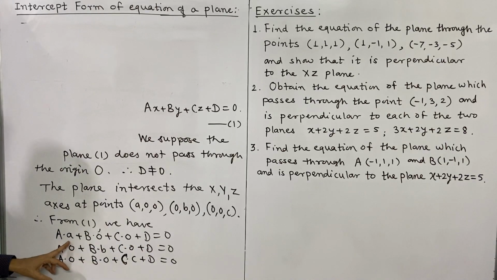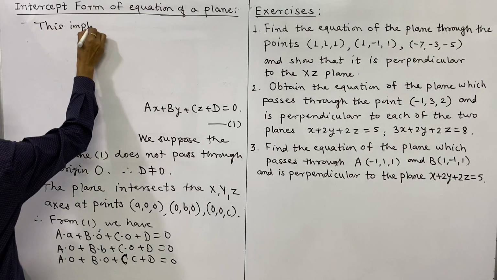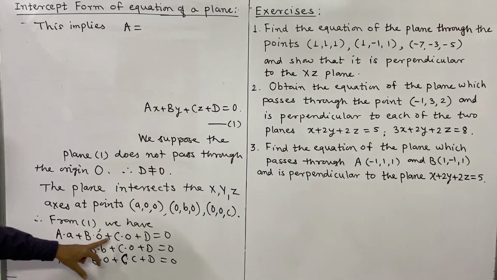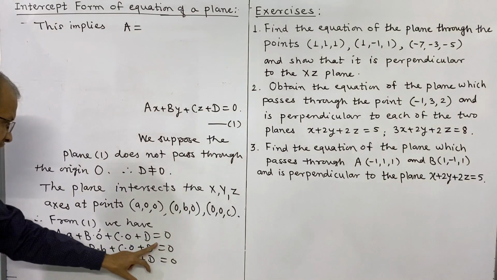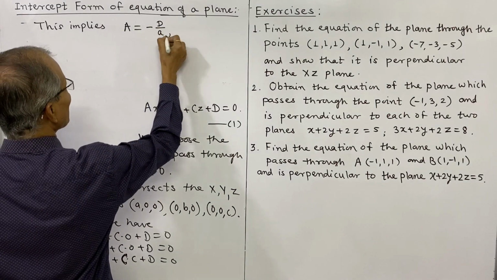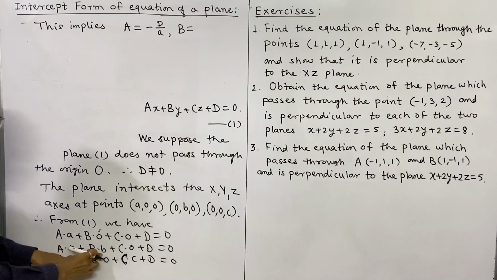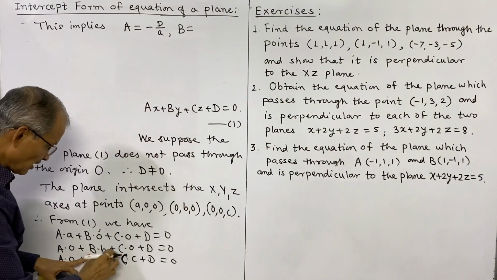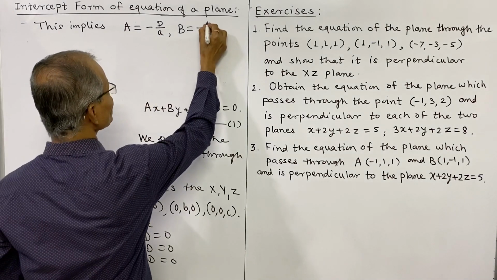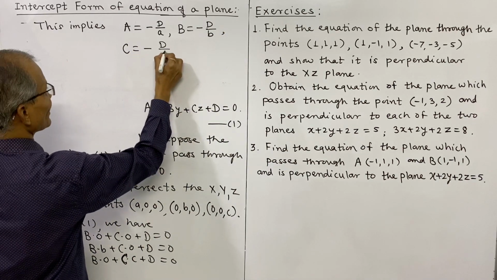From that we can find the value of capital A. This implies capital A is equal to, this d is to be transferred to the right side, that is negative d divided by small a. Similarly, capital B into small b plus d is equal to 0 means capital B will be minus d divided by b, and capital C is equal to minus d divided by small c.